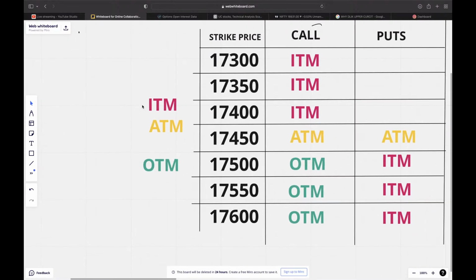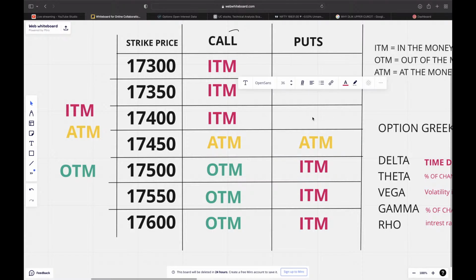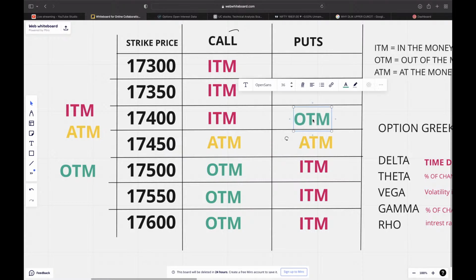Yes, Bharti ma'am. So this is the graph, and whoever is not able to understand this, mug it up. Learn this by heart. Okay.